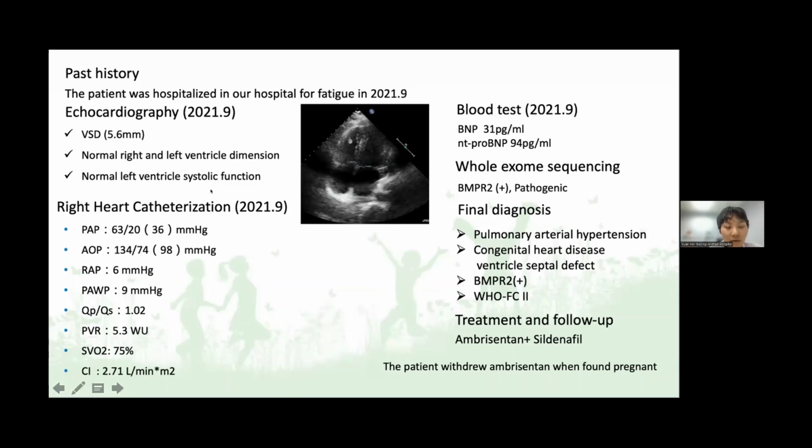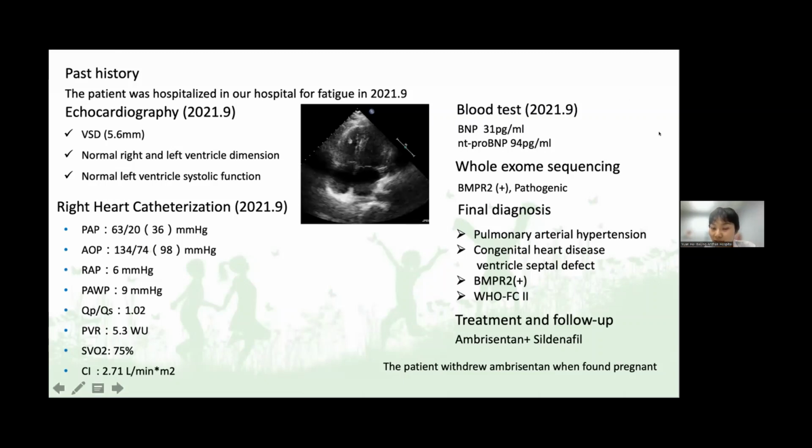The patient was hospitalized in our hospital for fatigue in September 2021, and the echocardiography showed about a 5 millimeter VSD and normal right and left ventricle dimension and normal left ventricle systolic function.